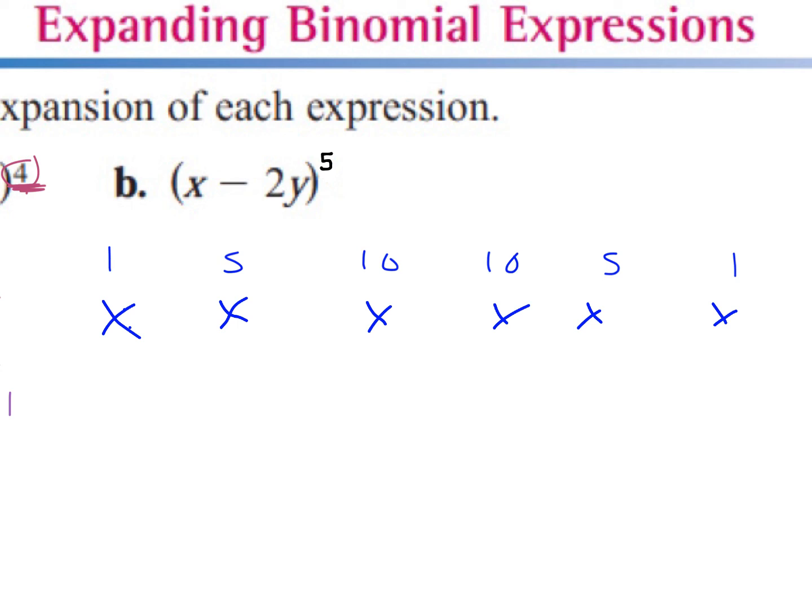What exponent is going to be on the x all the way to the left? Perfect. x to the 5th power, 4th, 3rd, 2nd, 1st, 0. What's our second term? Negative 2y.